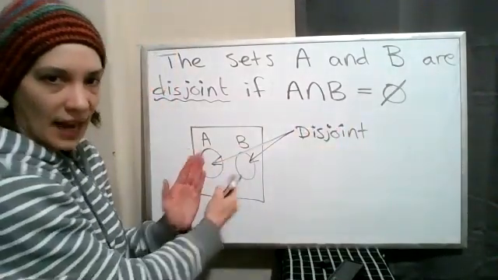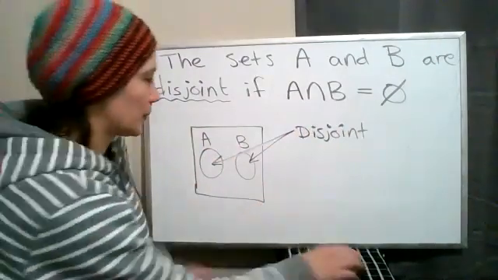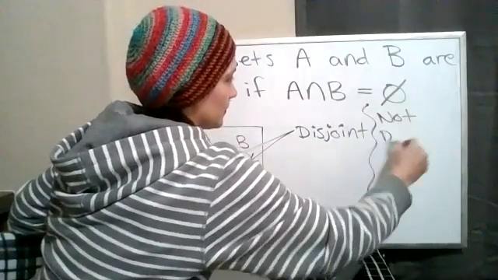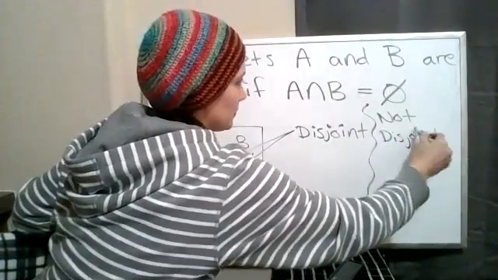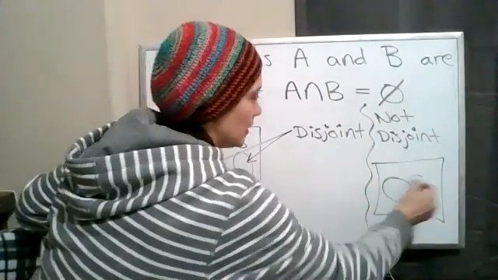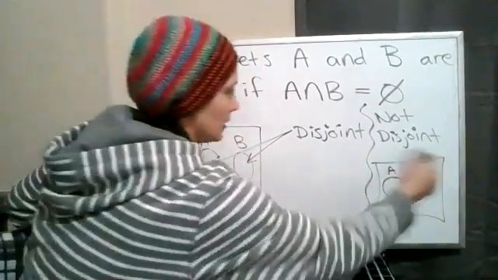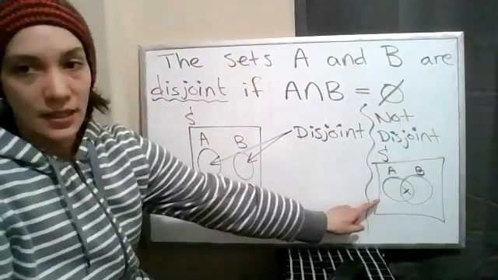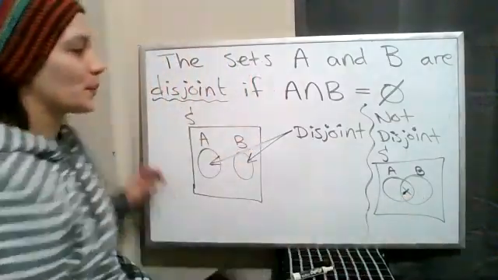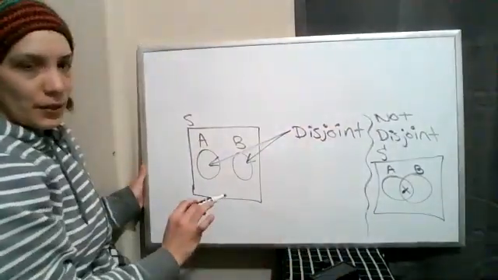But if they have something in common and they have to be overlapping so that you have that shared element, they're not disjoint. So you've got A intersect B and it has some element inside we're going to call X. Okay, so it's not disjoint. They have to have that little shared spot with that shared element.